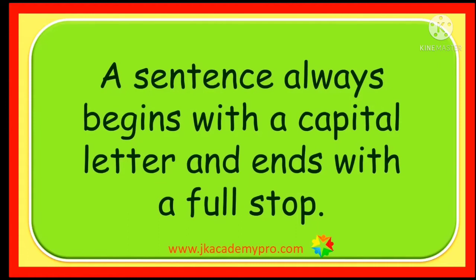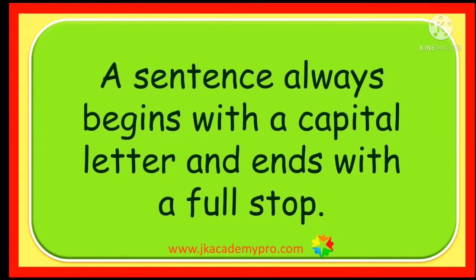Now, look at this slide. A sentence always begins with a capital letter and ends with a full stop. To do any work, we need to follow some rules. Same thing happens with sentences also. There are some rules we are supposed to follow. A group of words which makes complete sense is called a sentence.